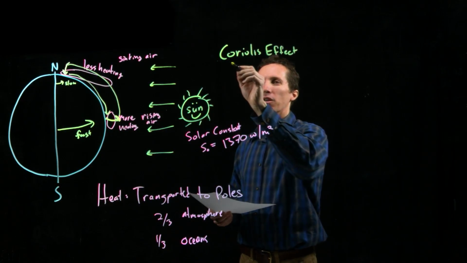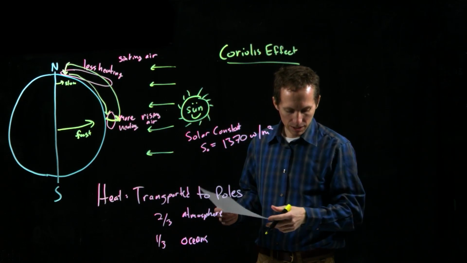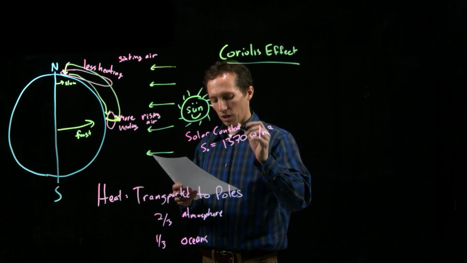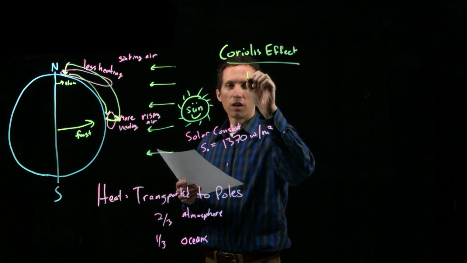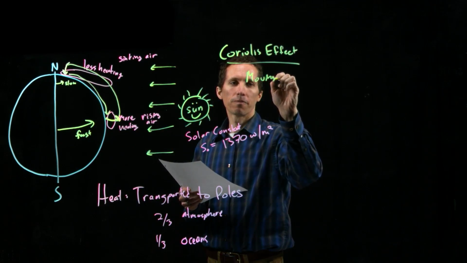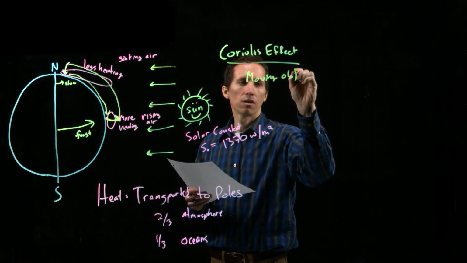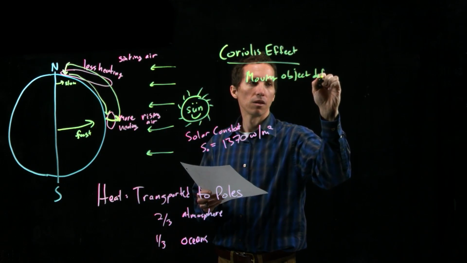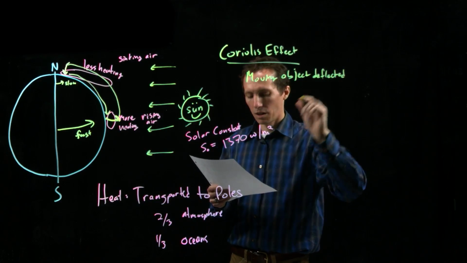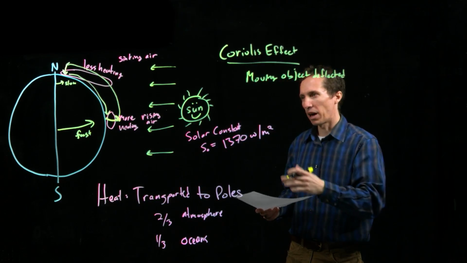And essentially what the Coriolis effect means is that moving objects are deflected by this rotation.